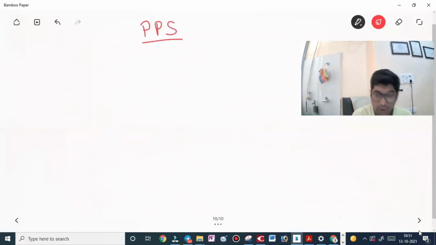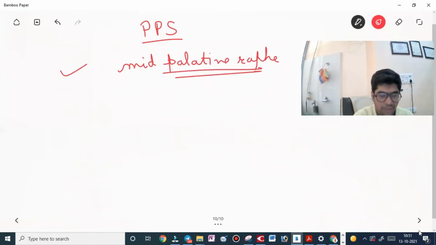Suppose you are recording a posterior palatal seal, remember the posterior border of denture should not be placed over the mid-palatine raphe or the posterior nasal spine. So number one. Second, suppose there is a torus.